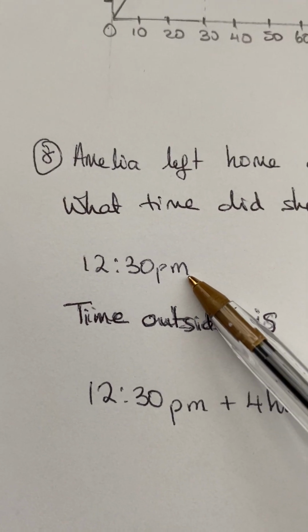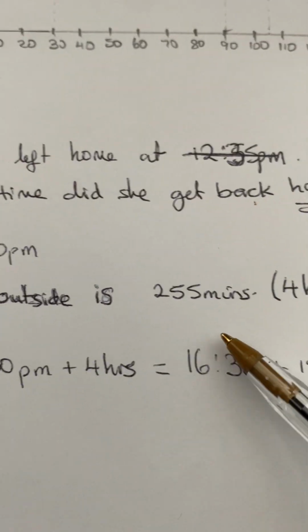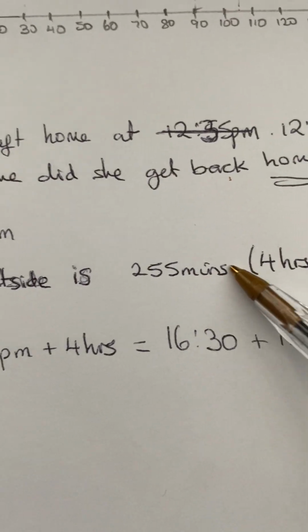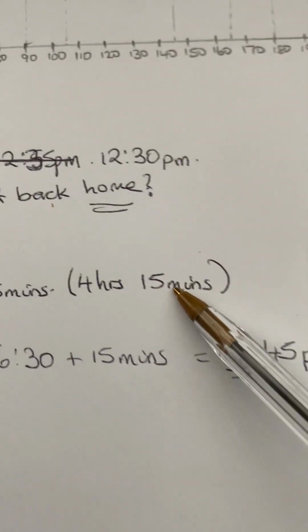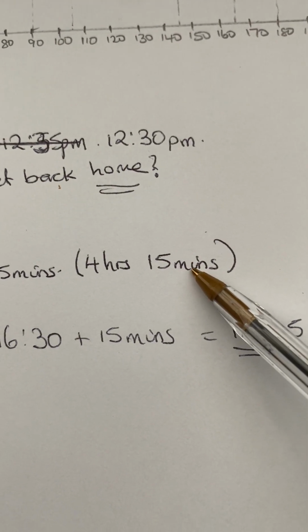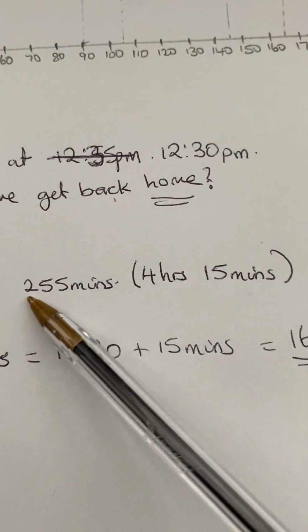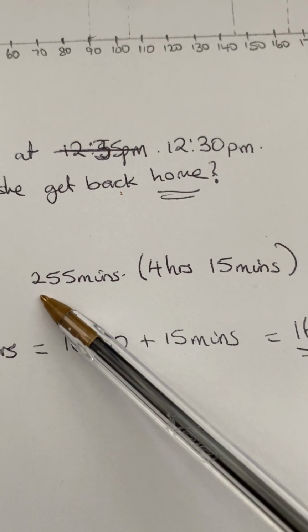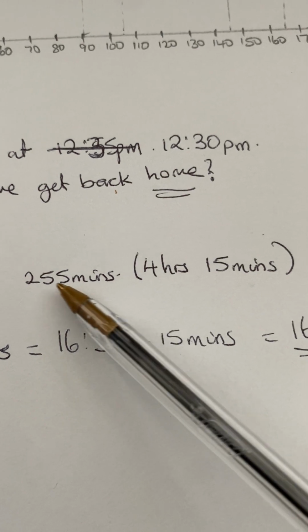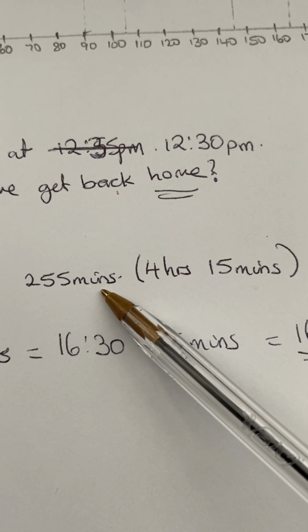She starts at 12:30. First of all, you want to convert your 255 minutes into hours and minutes. Now 255 minutes, 4 hours is 240, so you have 15 minutes left.